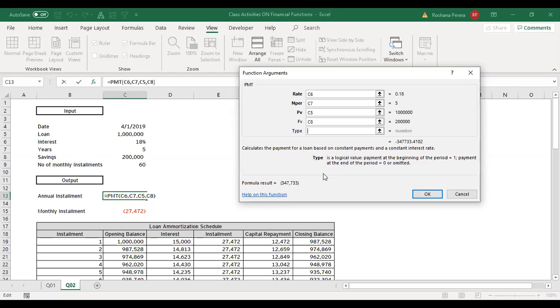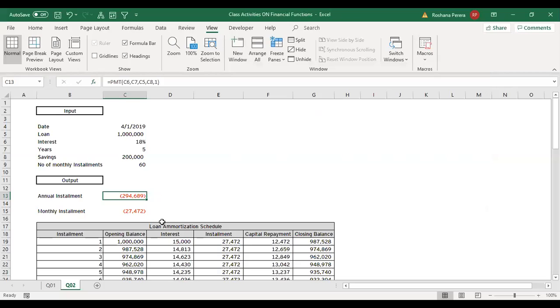So can you please type 1 and see what happens? Yes, then you can see immediately the value comes down because it is paid at the beginning of the period. One of the most important aspects there is that if you pay at the beginning of the period, no interest component would be there in the first year. You would witness that, so we'll be looking at that.